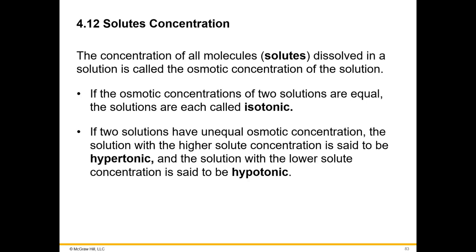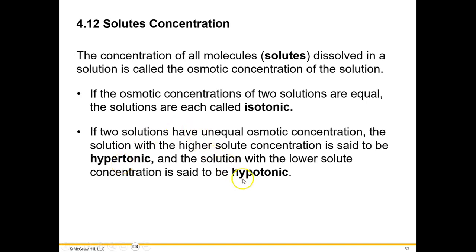Also, as we talk about this process, we have different terms for defining the concentrations. So, if the osmotic concentration of two solutions are equal, we call that an isotonic solution. So, isotonic means equal. If two solutions have unequal osmotic concentration, the solution with the higher solute concentration, so solute is whatever you added to your water, that side is going to be called hypertonic.